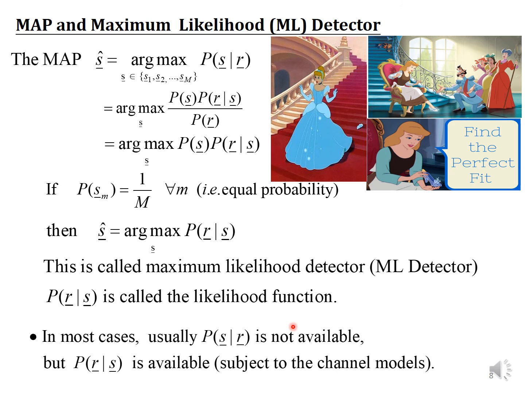The way we are doing this is because in most cases this MAP function is not available. We do not know this conditional probability, but this conditional probability is usually available or subject to the channel model.